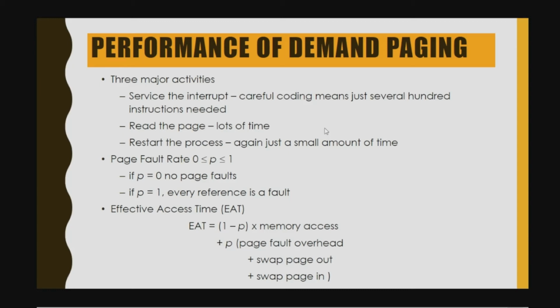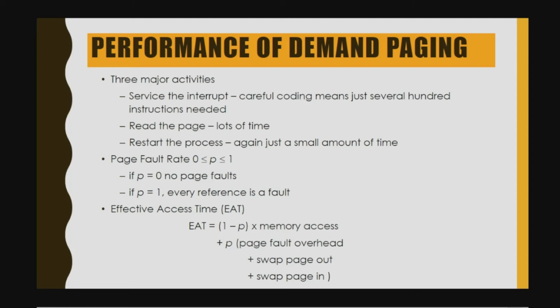Restarting the process again takes just a small amount of time. The page fault rate is 0 ≤ p ≤ 1. If p equals 0, there is no page fault, and if p equals 1, every reference is a fault.